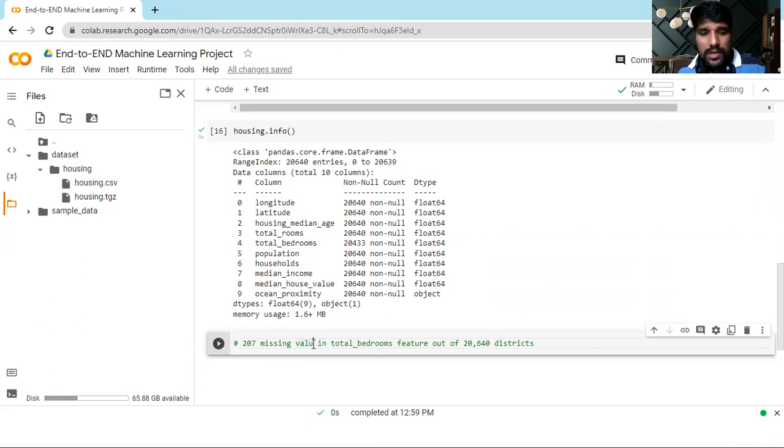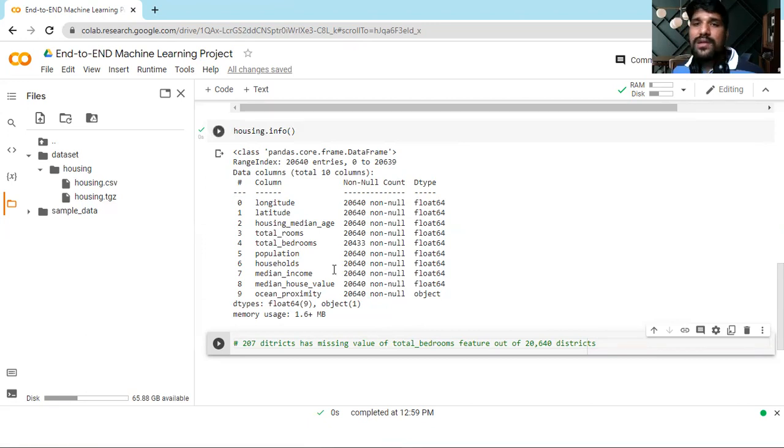Missing value means what? It means 207 districts have missing values for total bedrooms. This is the significance of that.